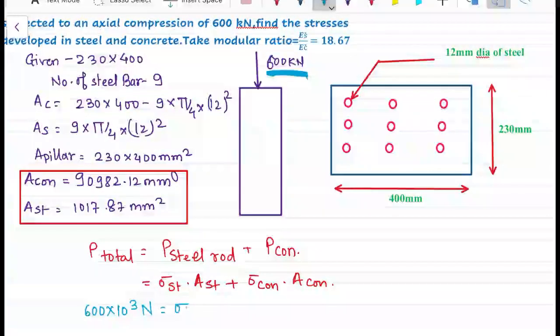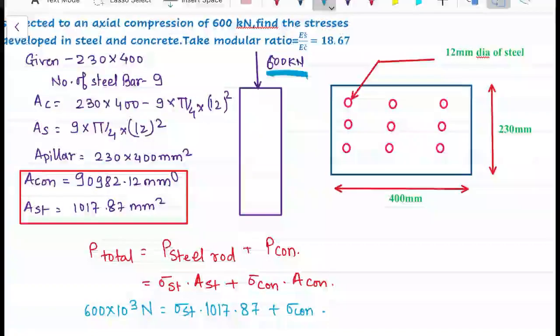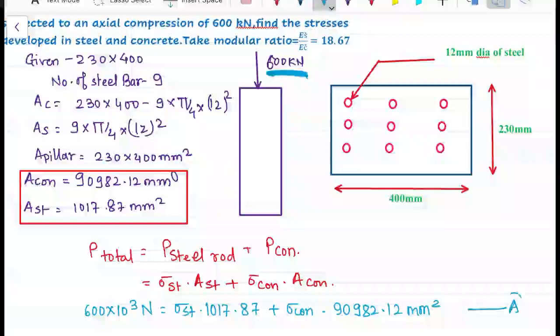Sigma steel we have to calculate, and the area of steel is 1017.87 mm square, plus sigma concrete, also to be calculated, and the area of concrete is 90982.12 mm square. So this will be our first equation.